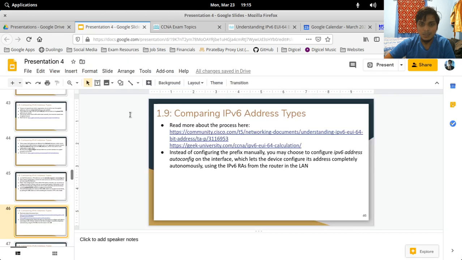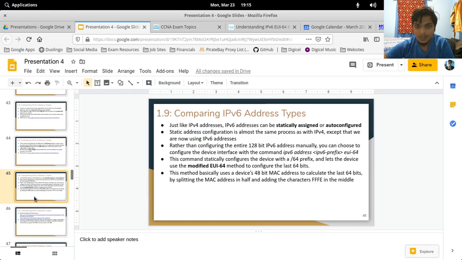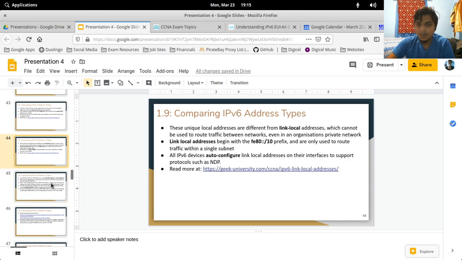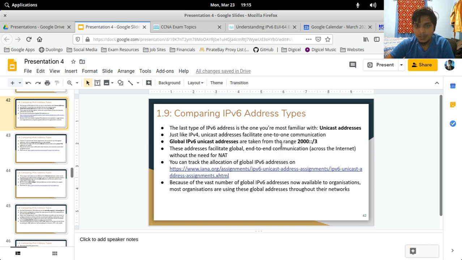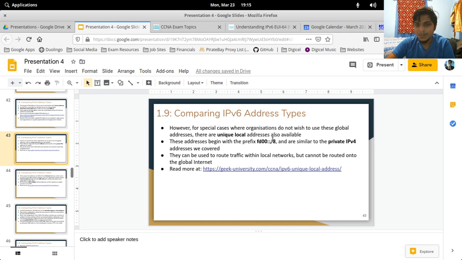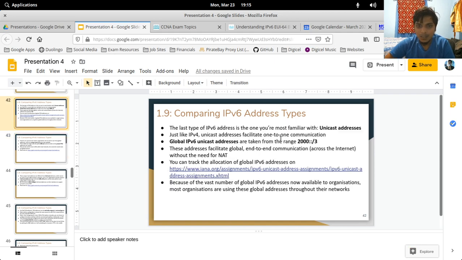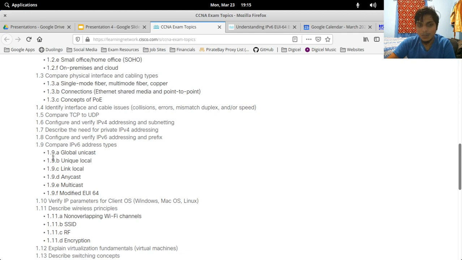So remember in all the slides I was kind of giving you a range. So like this, link local addresses begin with FE80::/10 and unique local is FD00::/8. And the global is 2000::/3. So try to memorize those because those are very easy ways of differentiating between this and this and this.